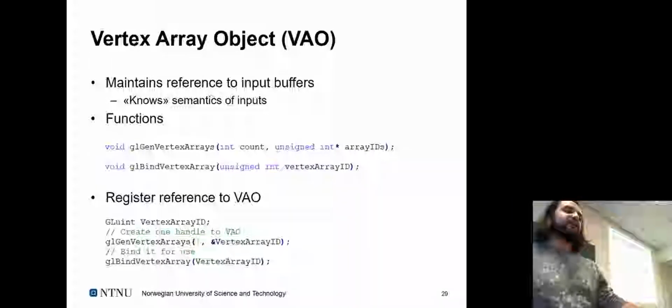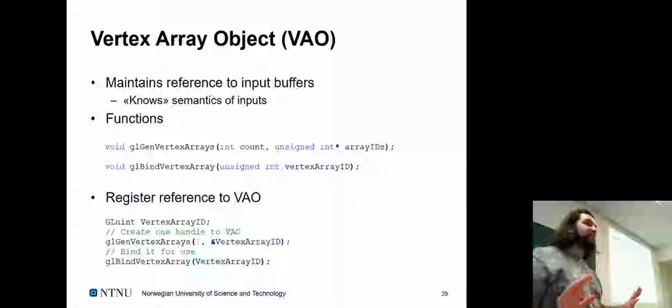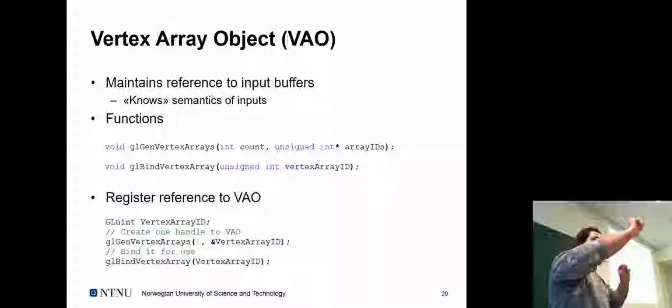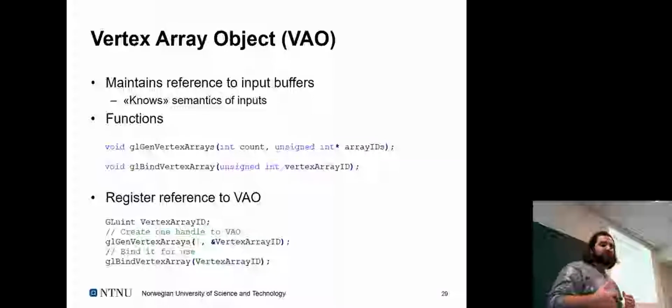So first we need to define vertex array objects, and this doesn't know anything about particular vertices. It doesn't know whether it's at 0.05 or whether it's here or whatever its values are, but it knows the semantics, how the data is arranged and how it should be interpreted and understood from the vertex buffer object.